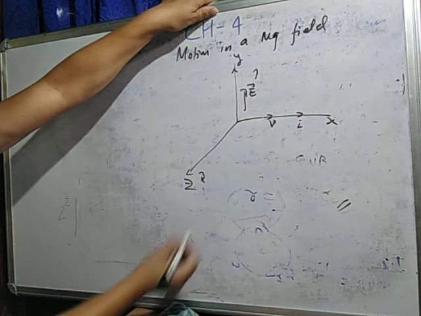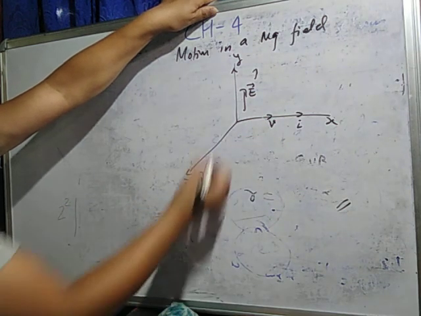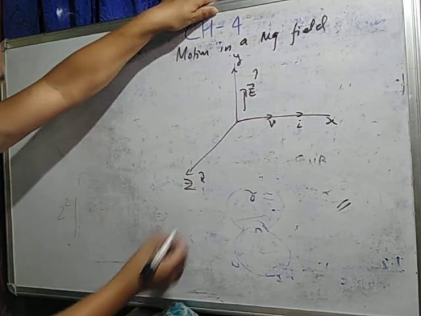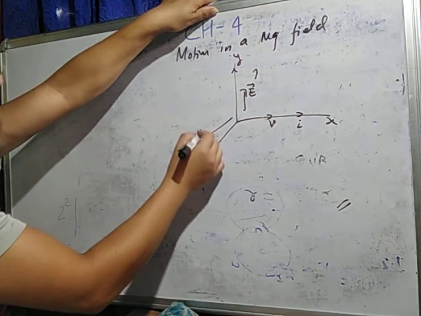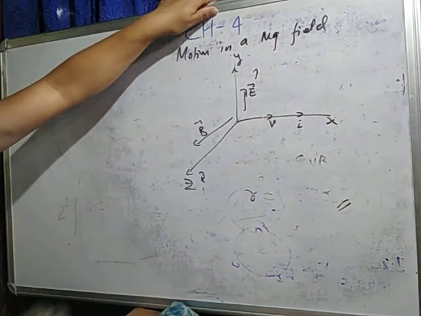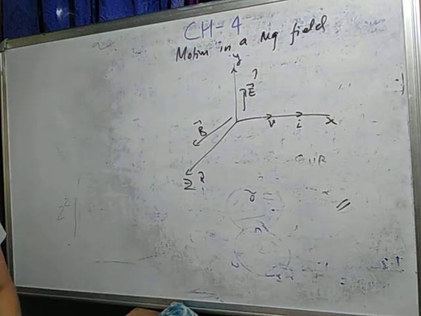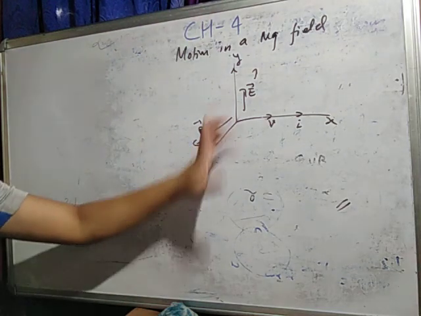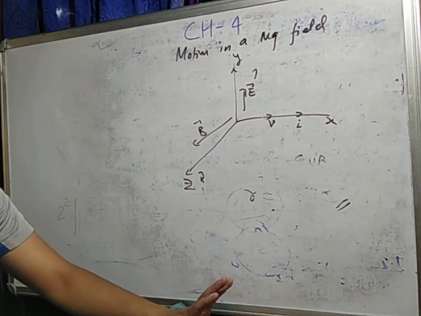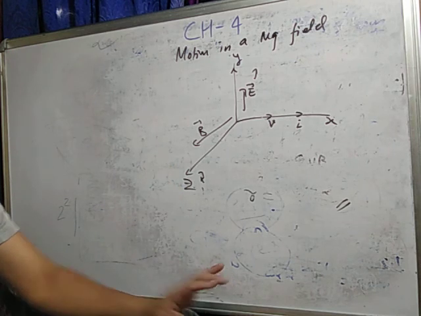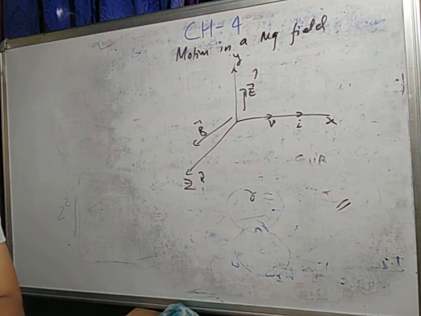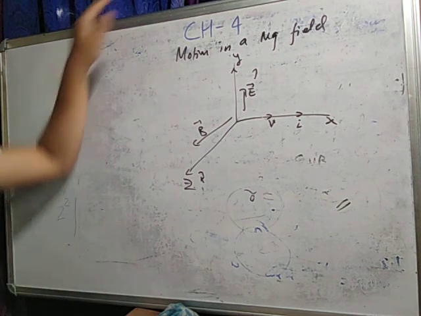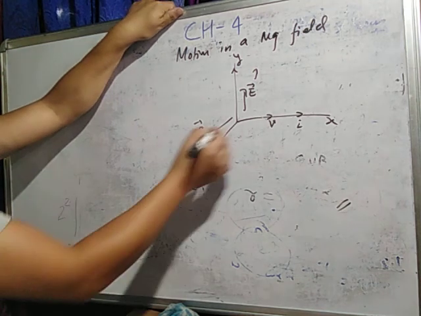This is your V, and this is your B. Everything must be perpendicular, because sin 90 is needed. If all are perpendicular, then the force acts. Okay, so if you do the cross of the E and B fields, therefore they serve as a velocity selector: E cross B.